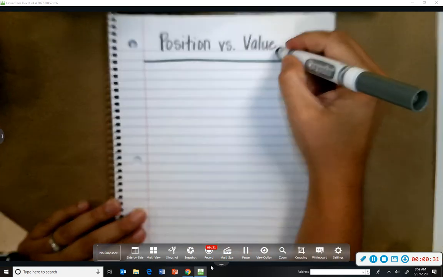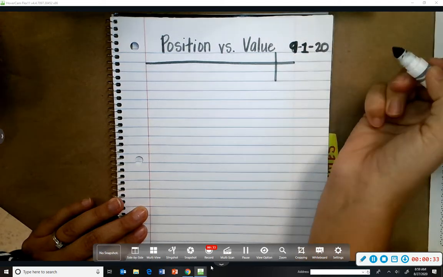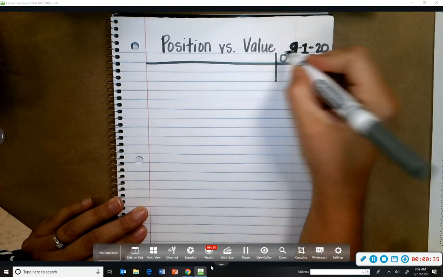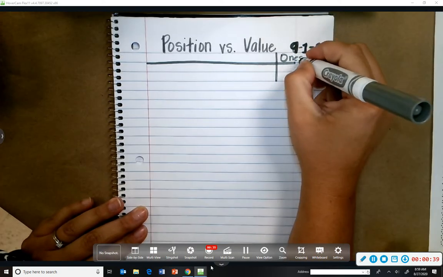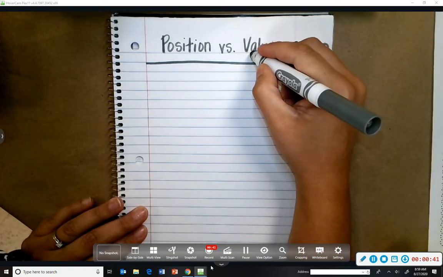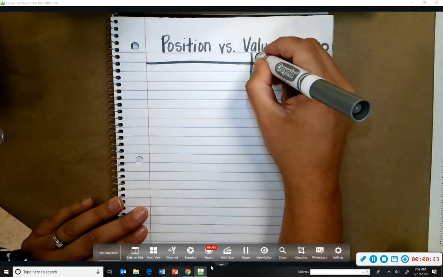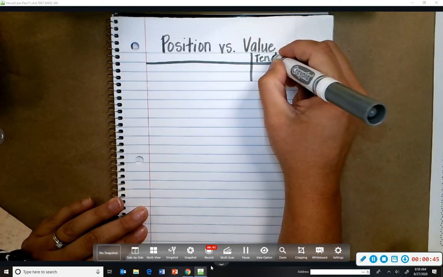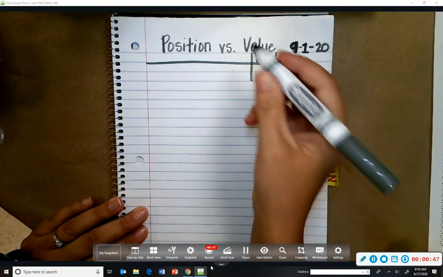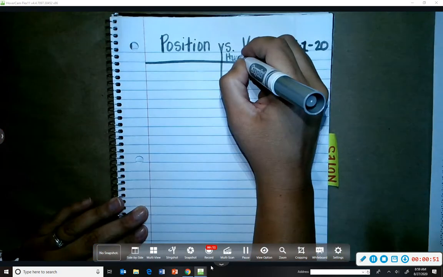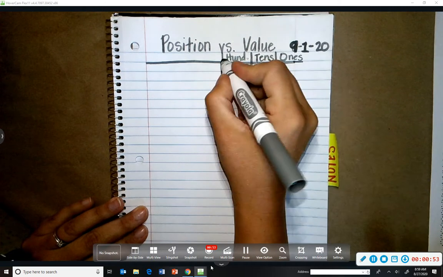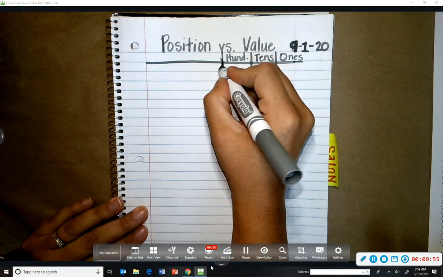So we start on the right hand side and we have our ones place. Okay, from there we have our tens, hundreds, that's where your comma goes.